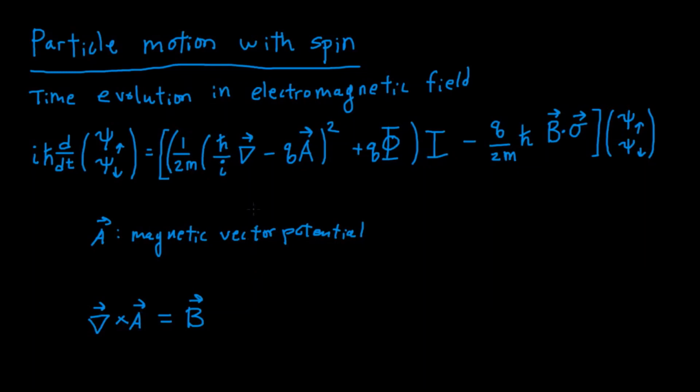Okay, so that's A. And then here we have plus q times phi. Now phi is just the regular old electric potential. So if you've ever seen the equation that the electric field is equal to negative the gradient of phi, yep, that's this phi.